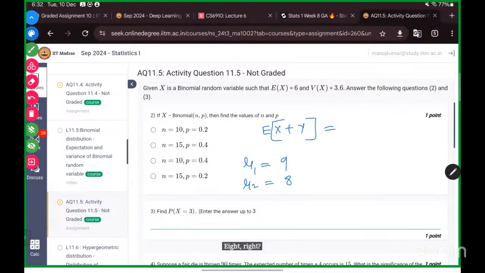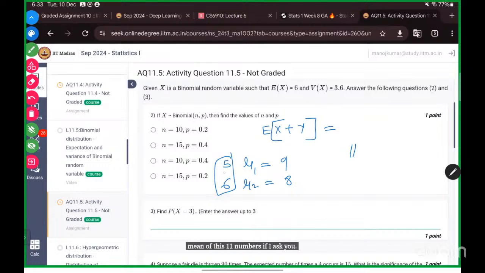Now let's say these are 5 numbers, and these are 6 numbers. Now if I ask you, what will be the mean of these 11 numbers? How will you do it?